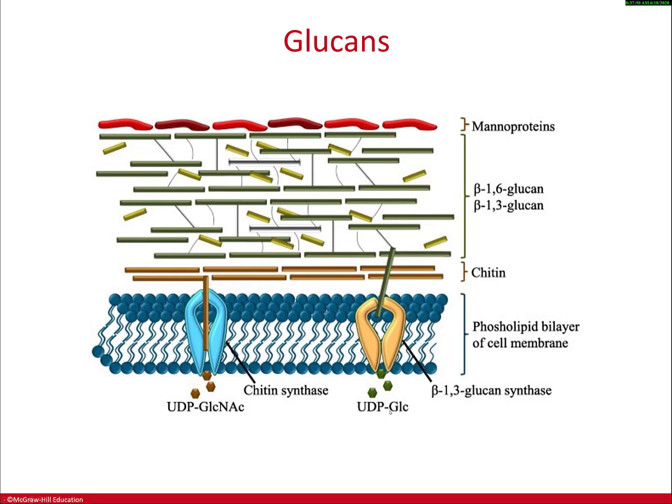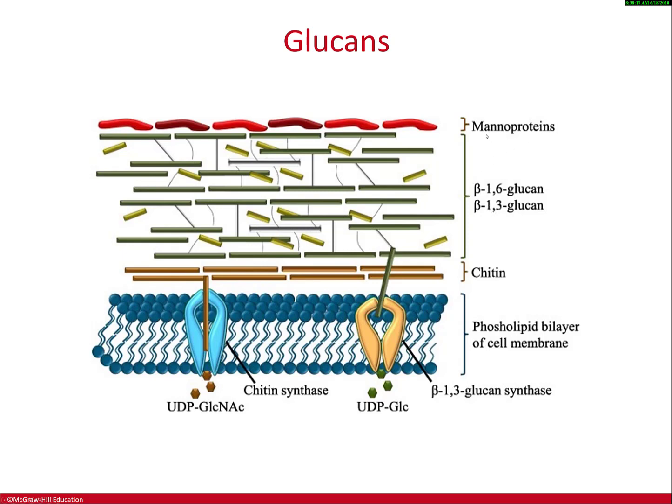Looking at the fungal setup, you have the phospholipid bilayer, the chitin layer, and then you get these interlinked glucans, 1 to 3 and 1 to 6. They're both beta. So beta bonds are really hard to break down, and certain bacteria can do it, but we can't.